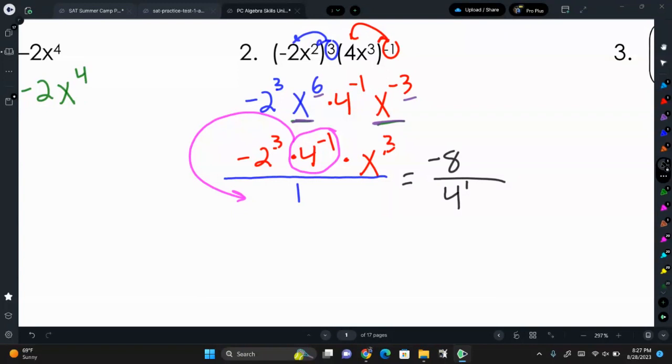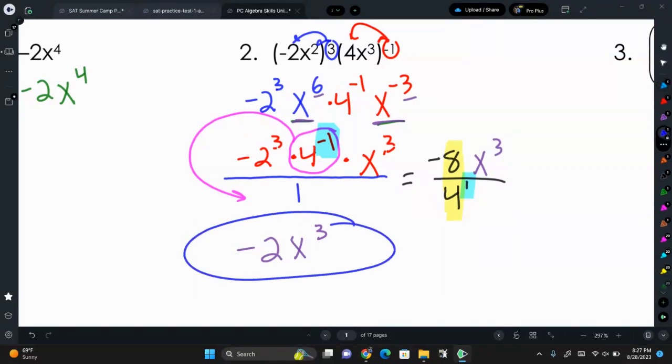But I want to show you that this exponent, once we go across the fraction bar, changes sign. So I had a negative 1 power, now it's a positive first power. And then we have x to the third. So your final simplified answer is going to be negative 2x to the third, because we can simplify negative 8 divided by 4. So when you're simplifying these expressions, you have to keep going until there's no more you can do.